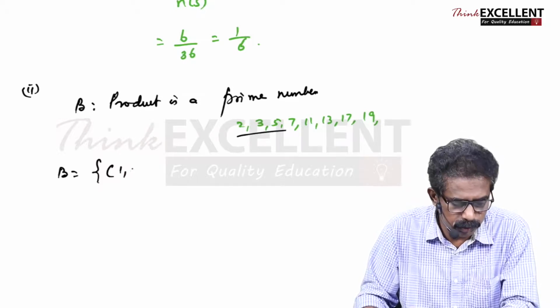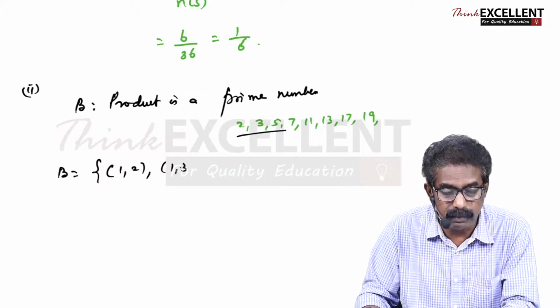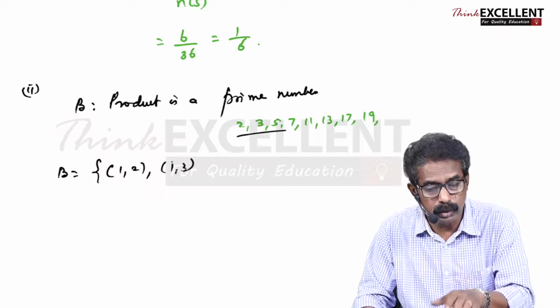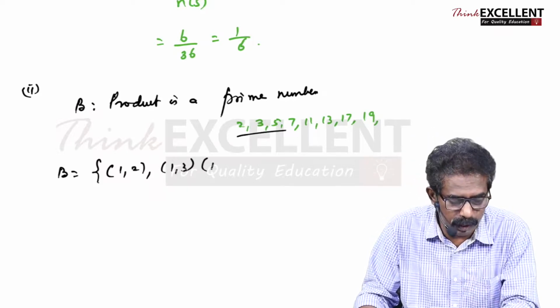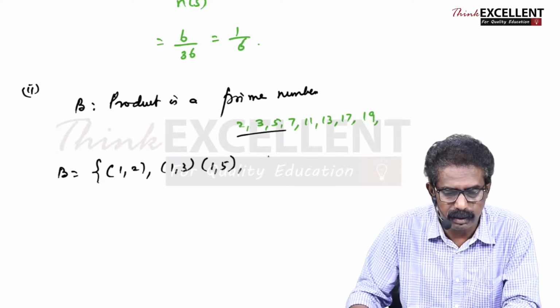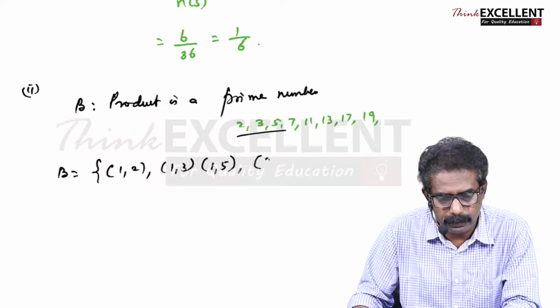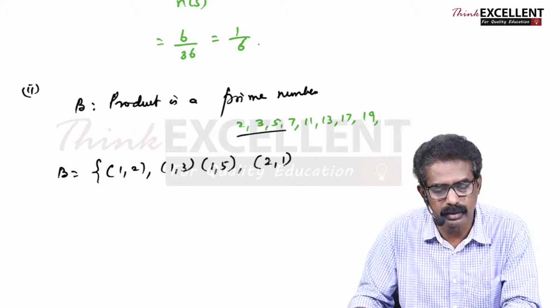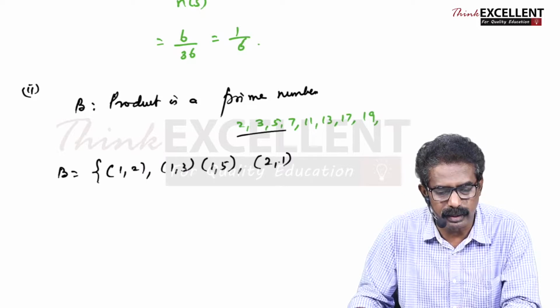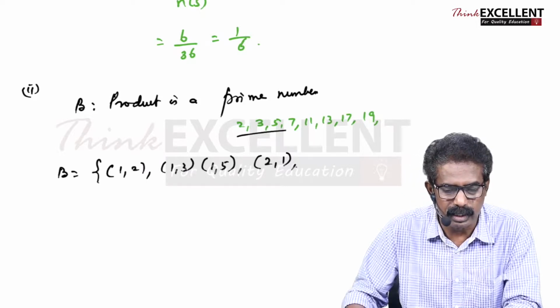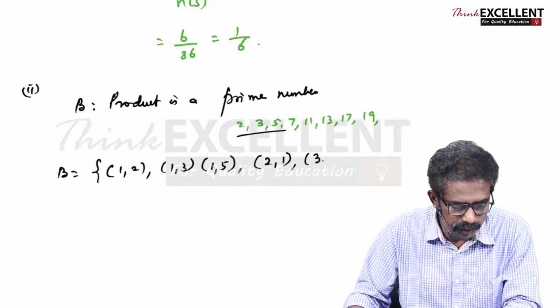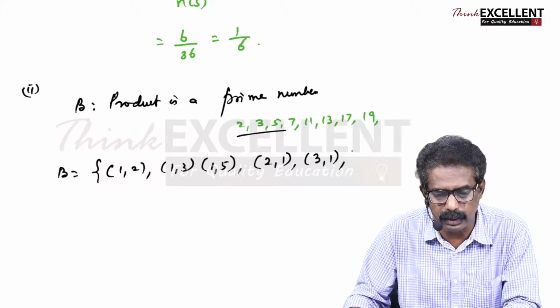Okay. So you can take 1, 2. 1, 3. First row, 1 2 you can take. 1 3 you can take. 1 5 you can take. That's all. Second row 2 1. That's only 1, right? 2 2 and all you cannot take. 2 2s are what? 4. That's not a prime number. Then third row 3 1. Fourth row nothing will be there.